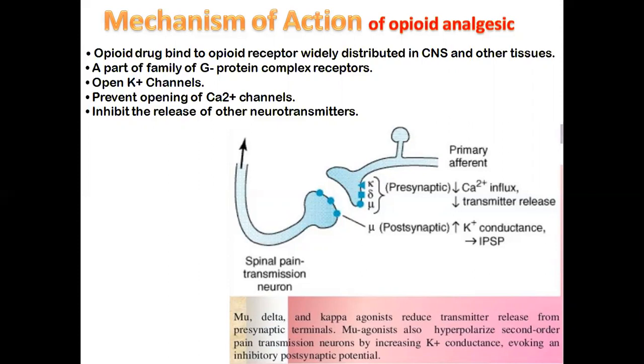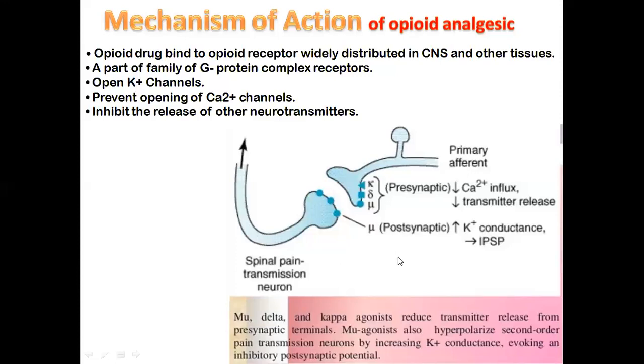You can see by this image how the opioid analgesics are doing their action. You can see these mu, delta, and kappa agonists reduce transmitter release from the presynaptic terminals.